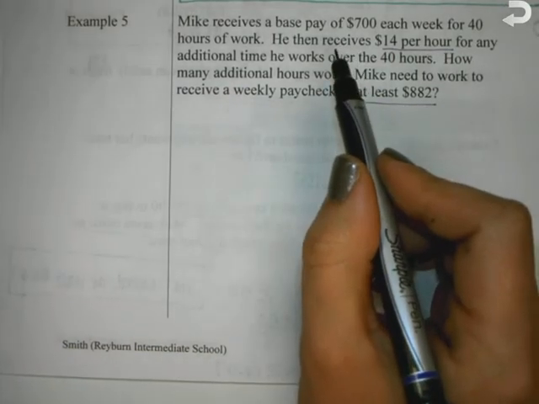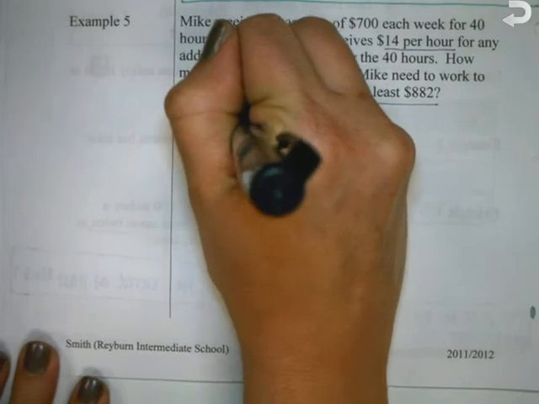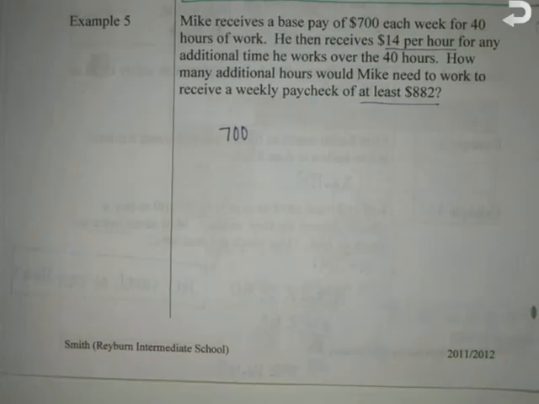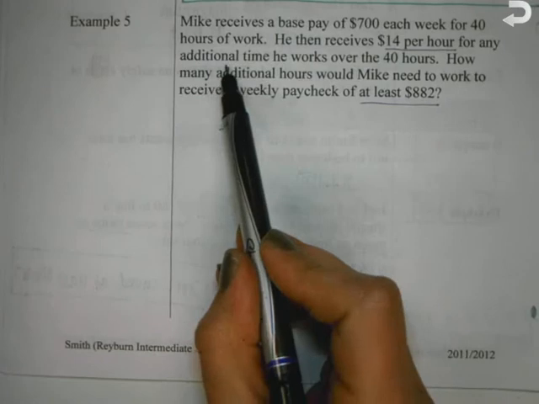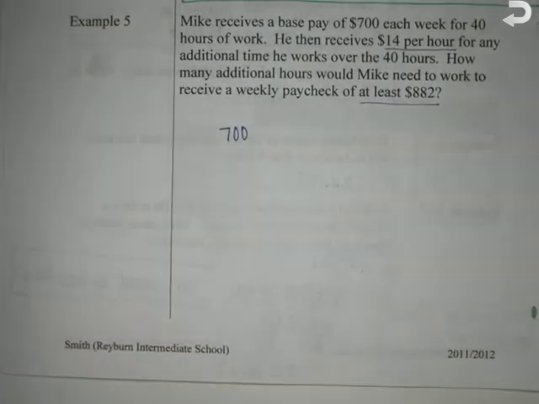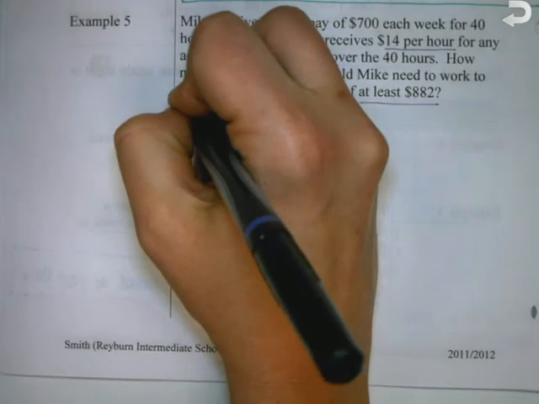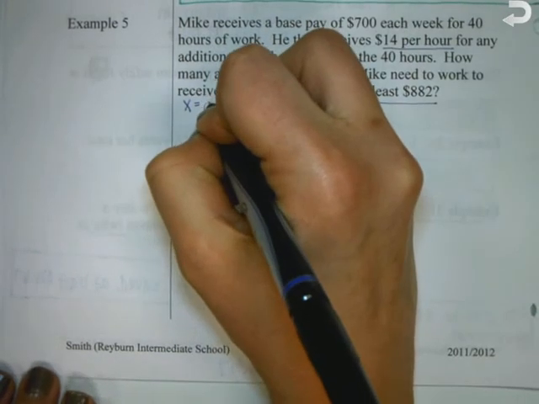Now he gets $14 an hour for any additional time. So what would x equal? x equals how many additional hours, right? So x is additional hours.